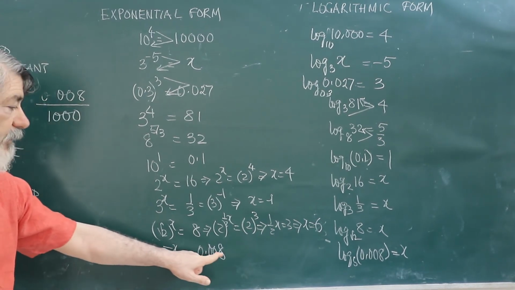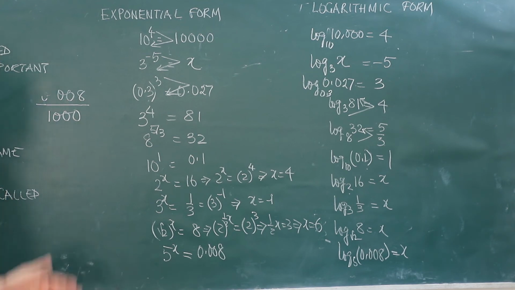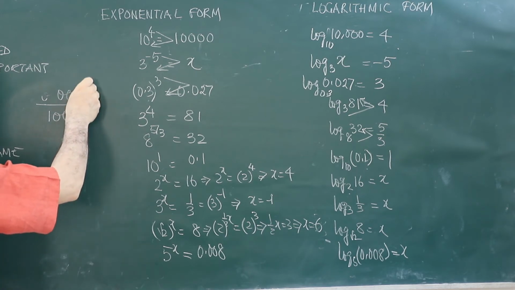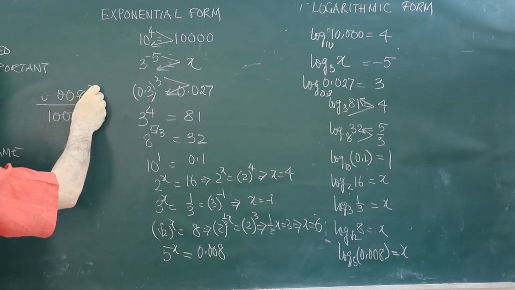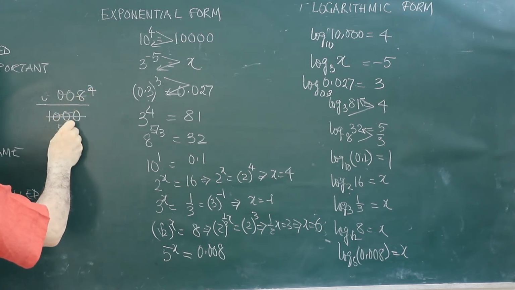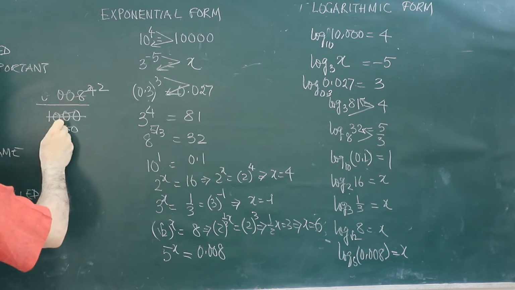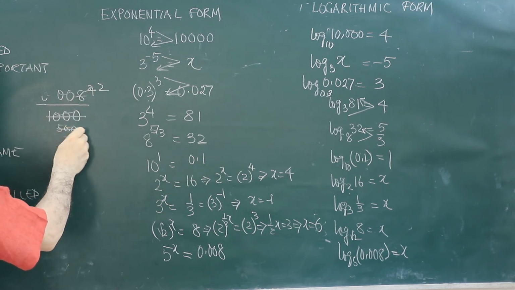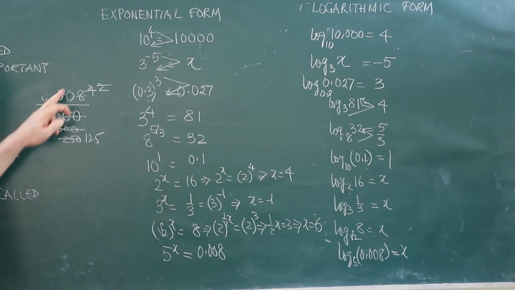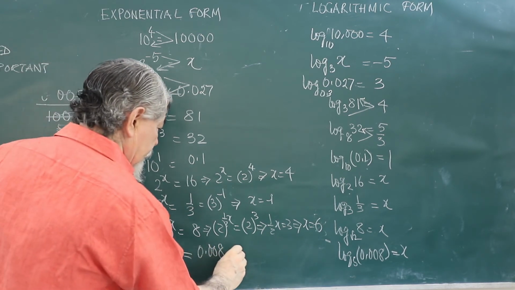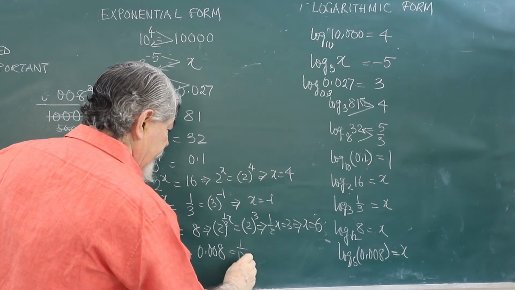Because after decimal 3 digits are there. So if you remove the decimal, you get this. Now what will you get? 8 upon 1000: 2 4s are 8, 500, then 2 2s are 4, 250, then 2 125. So it is 1 upon 125.